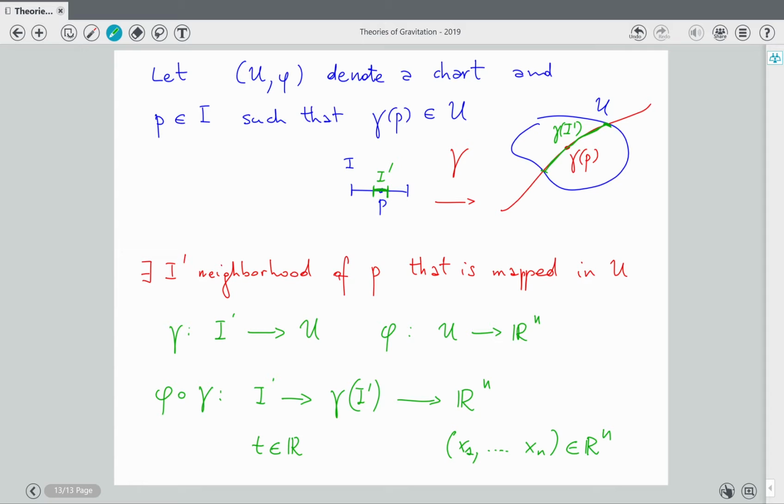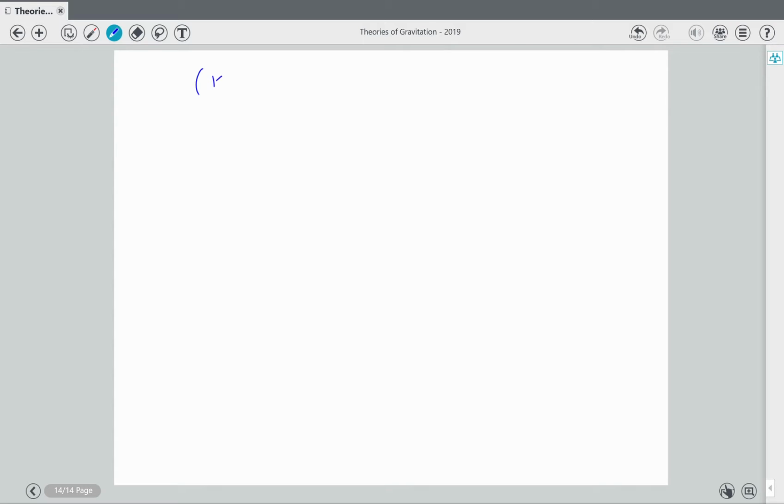So once you compose the two, you can describe your curve as x1 of t, ..., xn of t. That is your curve. Now it's described as a map from some coordinate t to n coordinates, x1, ..., xn.